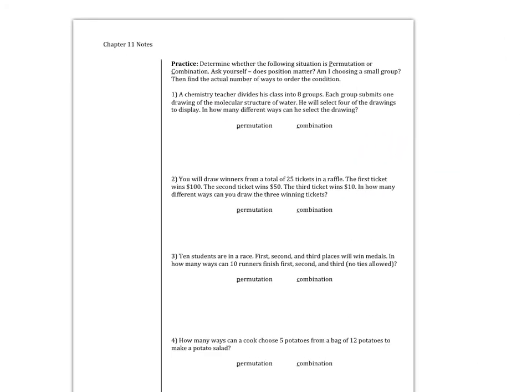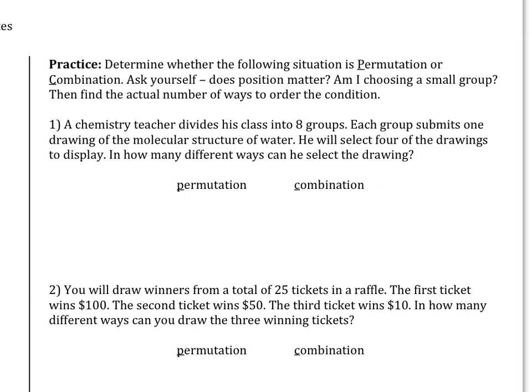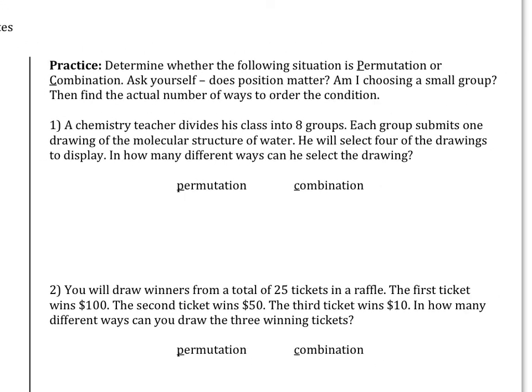Now, what you want to do is figure out when do you use what, and then how do I figure out how to calculate it once I figure out if it's permutation or combination. So the way you do this is you ask yourself, does position matter? Or am I choosing a small group out of a big group, which means the position doesn't matter.